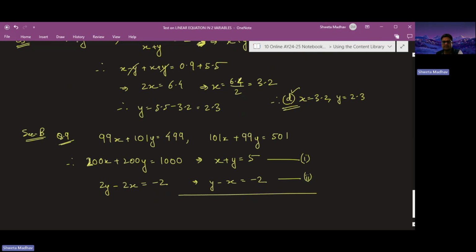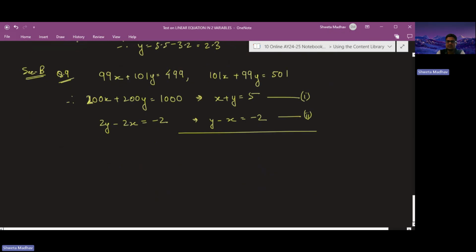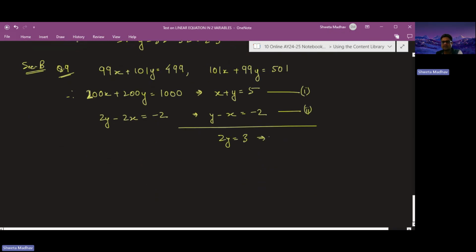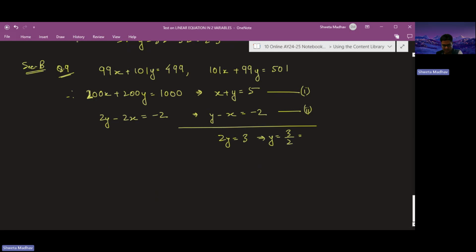Now, if we add these two equations, then x will get cancelled. We will get 2y equals 3. Okay, sorry, there is one mistake here. The equations are 99x plus 101y is equal to 499.